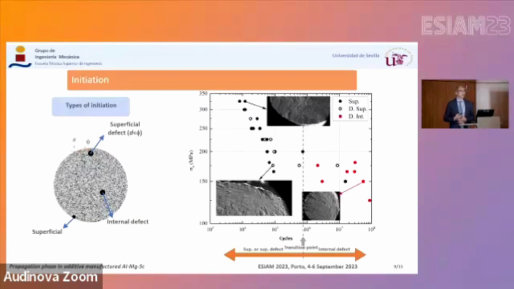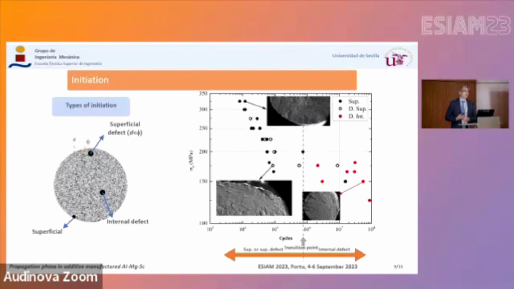This behavior reminds us of regular materials, where if we go to the gigacycle zone, we have the typical failures starting with the fish-eye feature. So this is what we see here, but starting earlier.